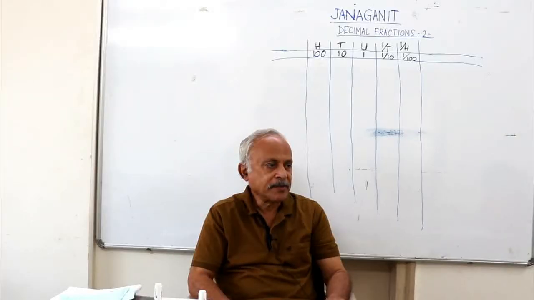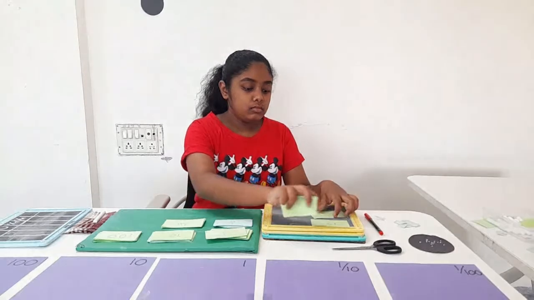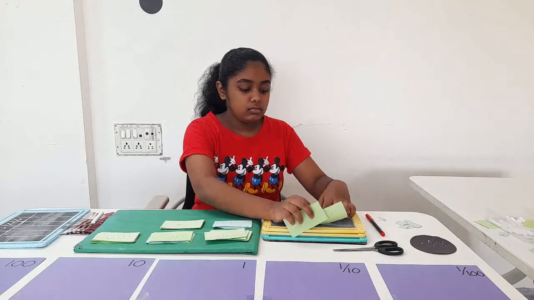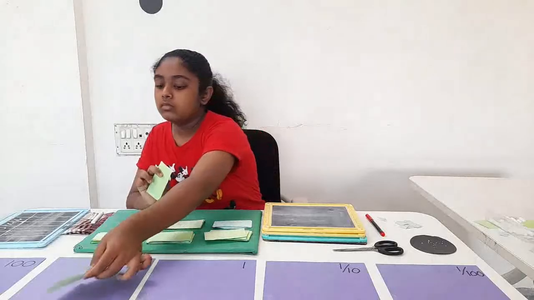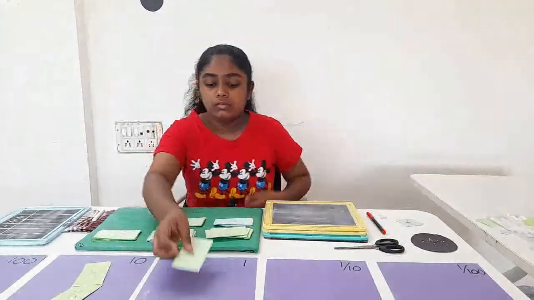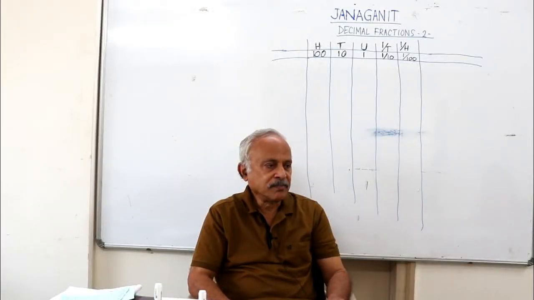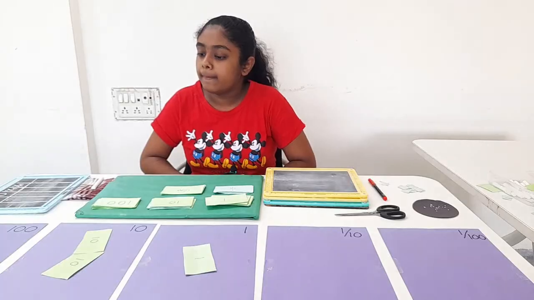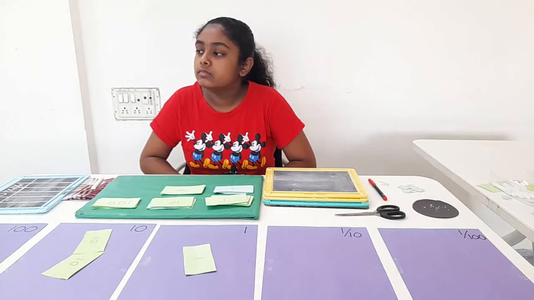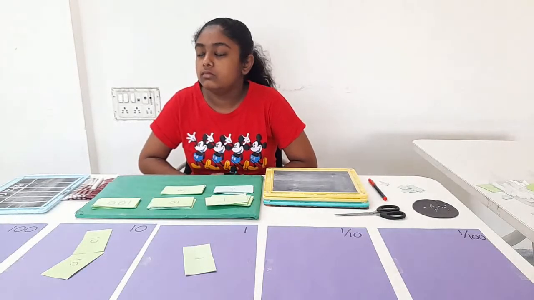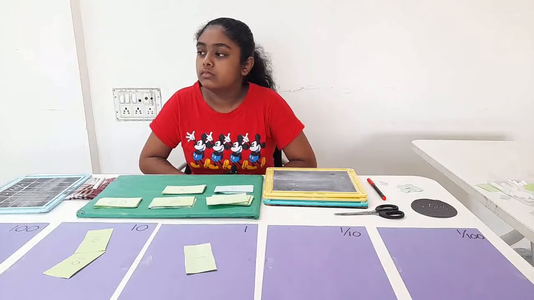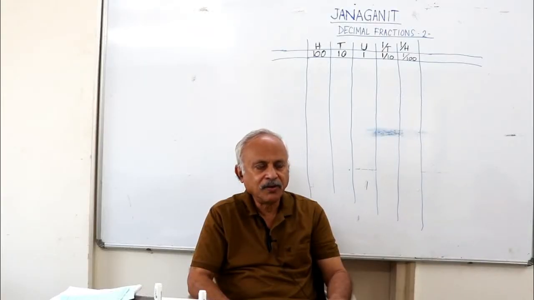Okay. So can you place that now in the houses? So you have placed 2 tens in the house of tens and 1 in the house of ones. All right. Now keep that 21 aside which you have made.